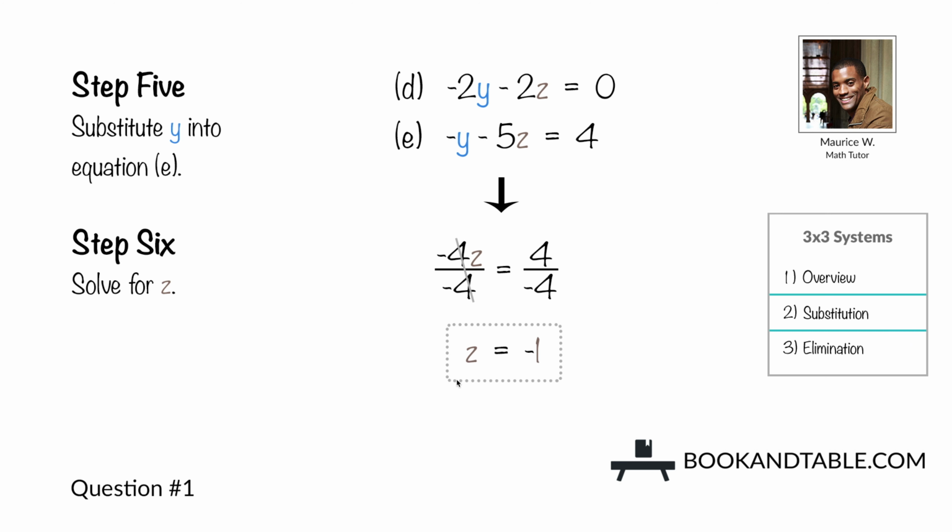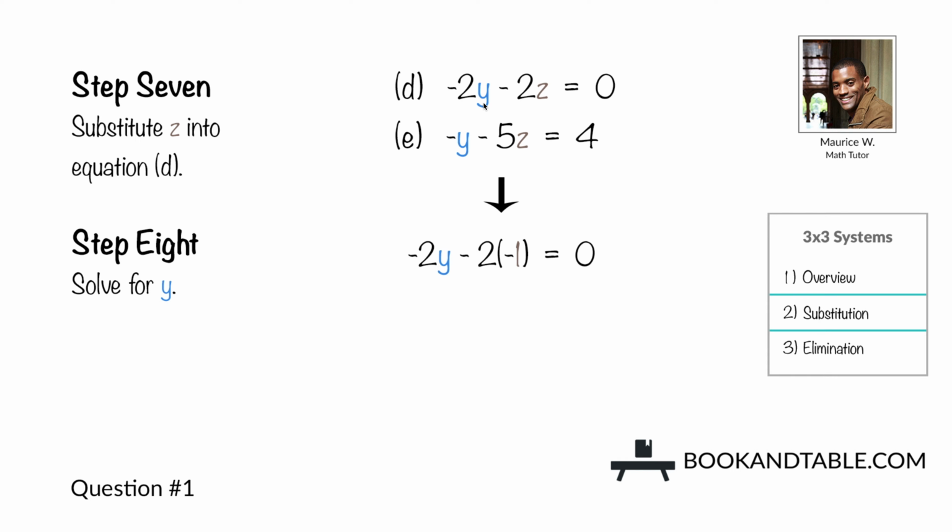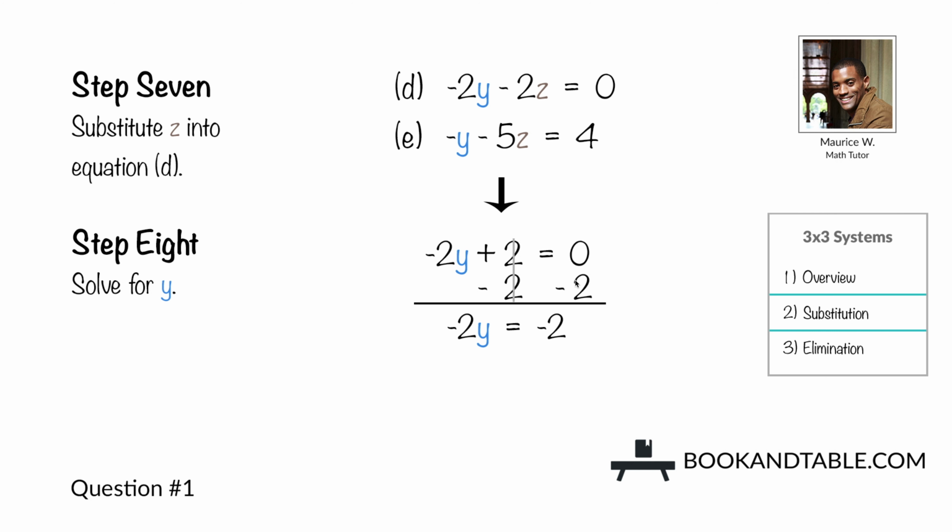So now that we've solved for z, step 7, substitute z into equation D here, and then step 8, solve for y. So that gives us negative 2y minus 2 times negative 1 is equal to 0. Negative 2 times negative 1 is positive 2. So now we'll subtract 2 from both sides, giving us negative 2y is equal to 0 minus 2, which is negative 2.